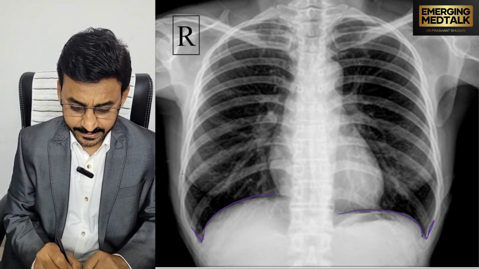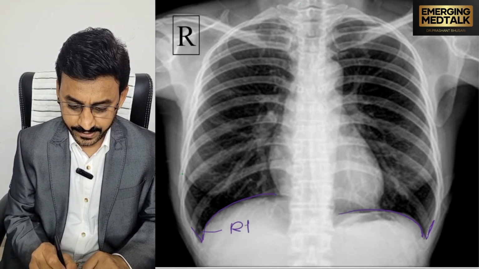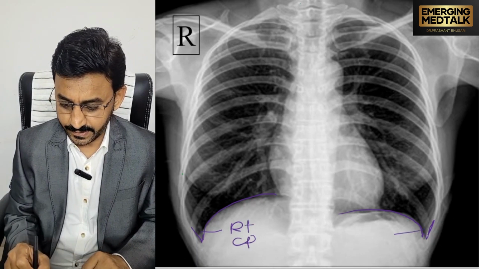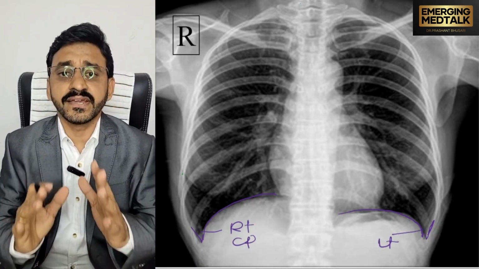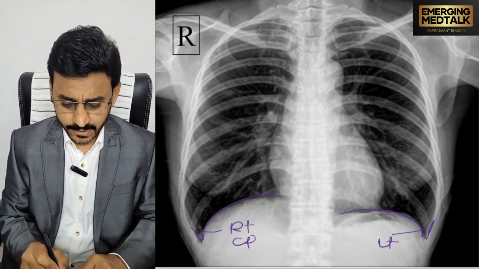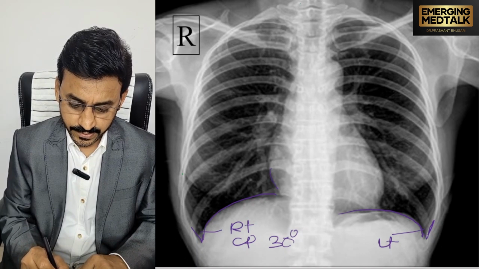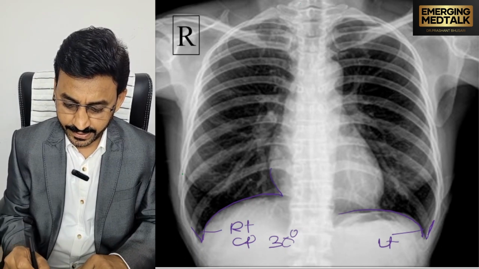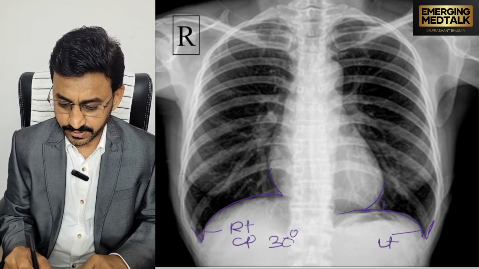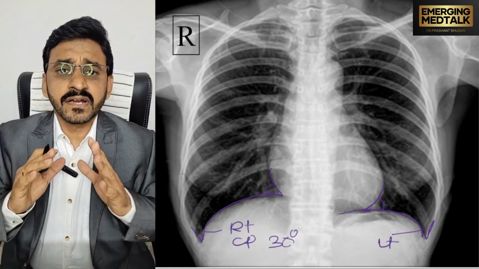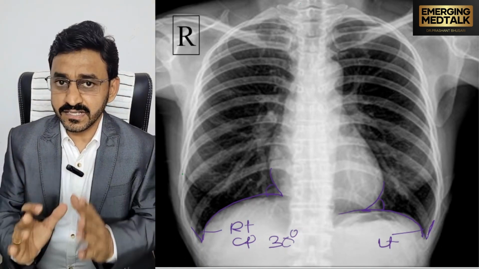On each side these angles are called the right and left CP, costophrenic, angle. These are around 30 degrees, acute. It also makes angles with the right cardiac border and left cardiac border. These cardiophrenic angles are also acute.